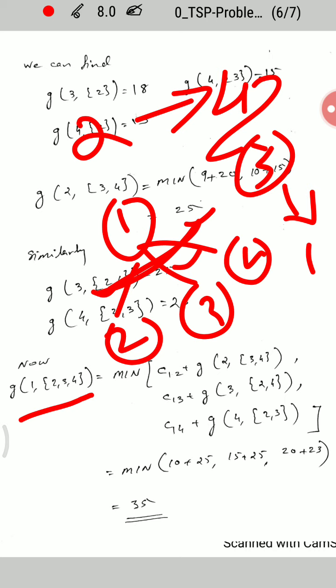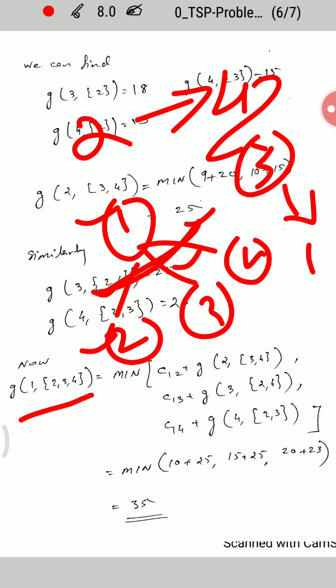So it is the minimum of C12 plus G(2,{3,4}), that is you are going from 1 to 2, then from 2 visiting 3 and 4 in some order and returning back to 1. You are adding these two values.